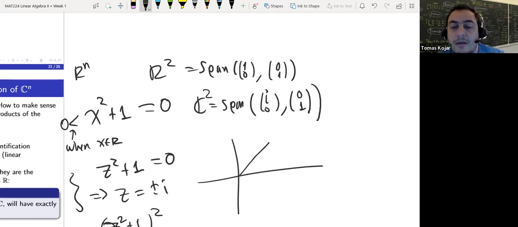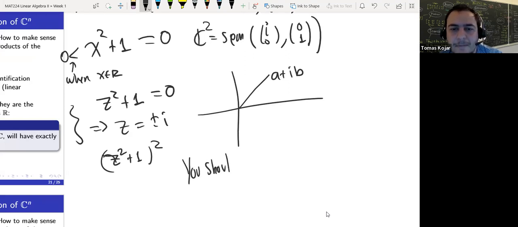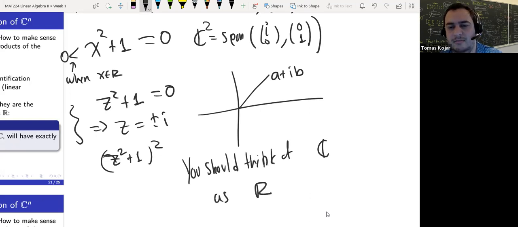So we want to generate any complex number, like a plus ib. So let's see. Well, again, this is weird, right? You can't really quite do this here, but you should think of C as a number system.